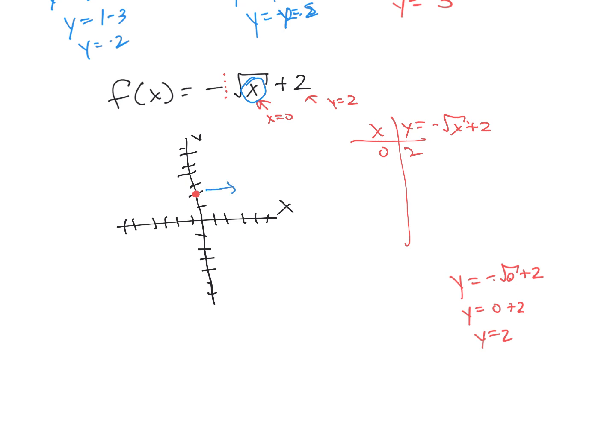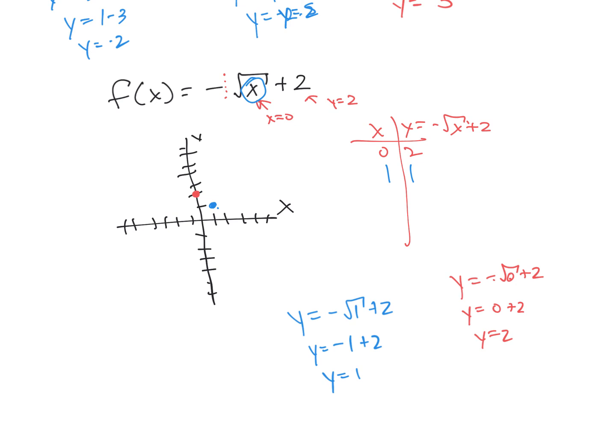So I can use 1, 2, whatever I want. Well, I know the square root of 1 is 1. So if I have y equals negative square root of 1 plus 2, well, this is y equals negative 1 plus 2, so y equals 1. So I'm going to go over 1 and up 1, okay?